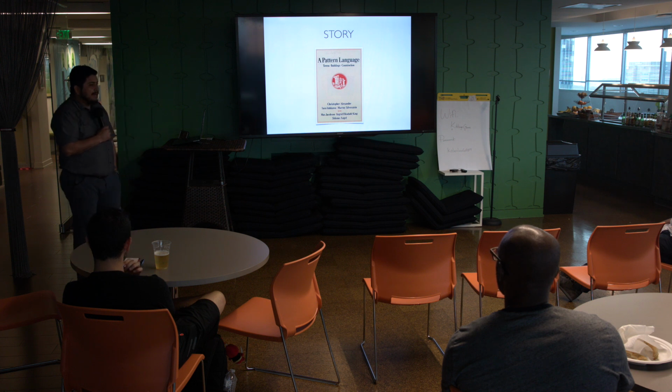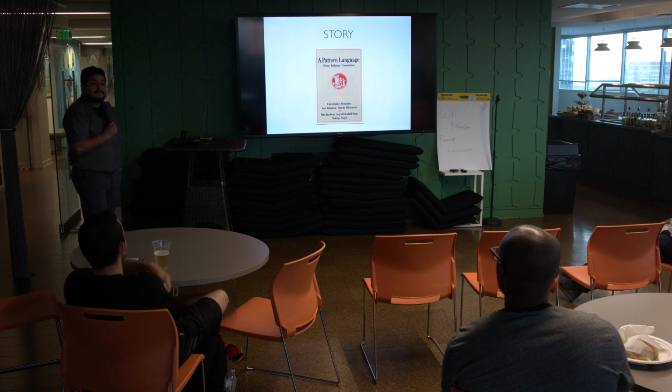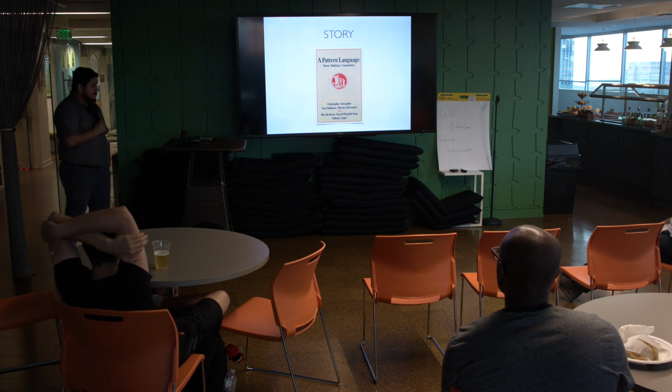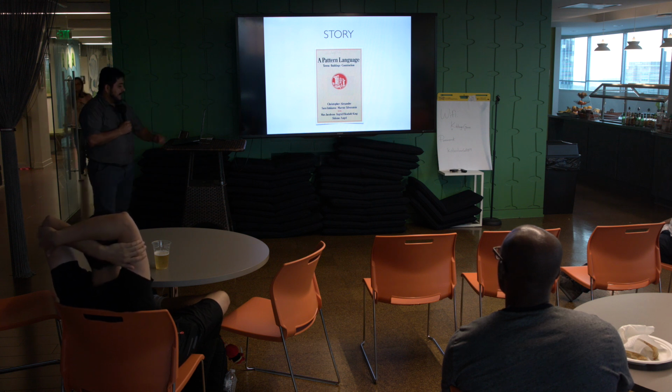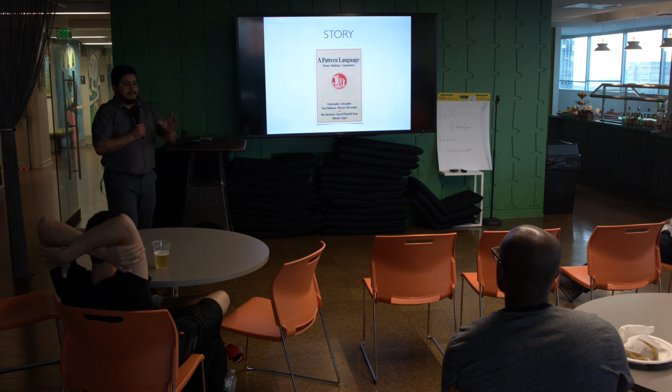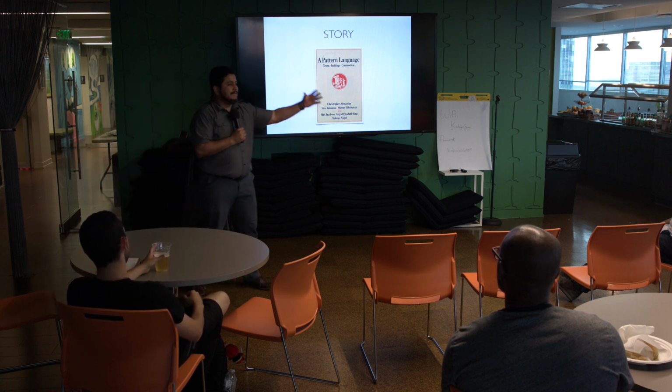Okay, so a little bit of story about where the patterns came from. The patterns came from these books. Actually, they came from a building book. This is a book from 1977. And this one is describing actually the environment. And what is the environment? Here is a park. Here is a building. Here are houses. And then it repeats again the same.